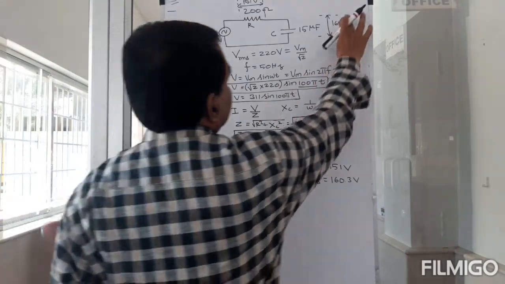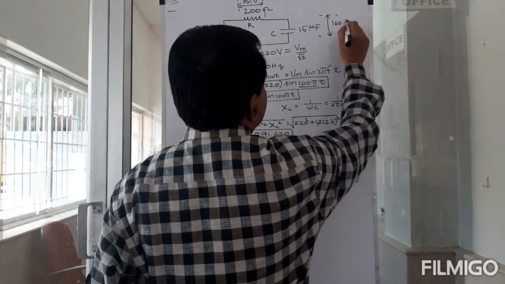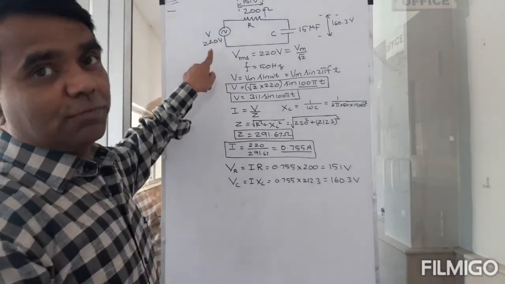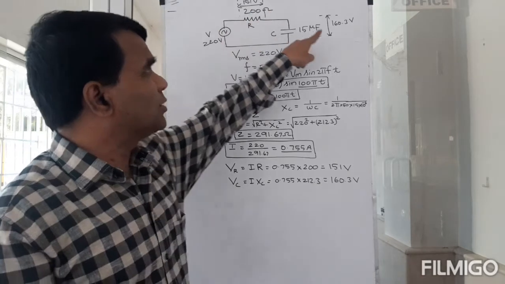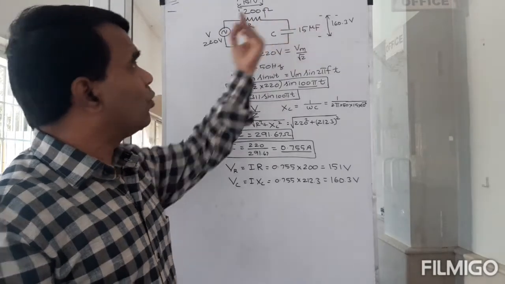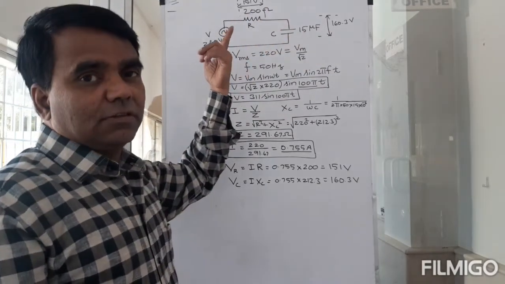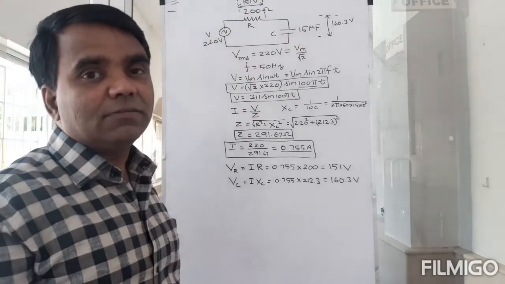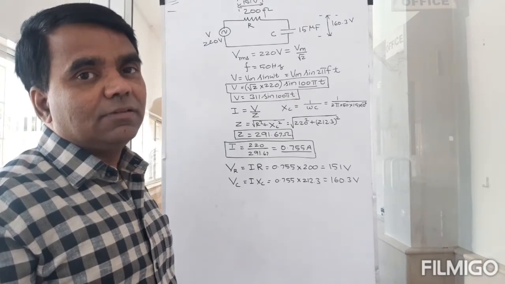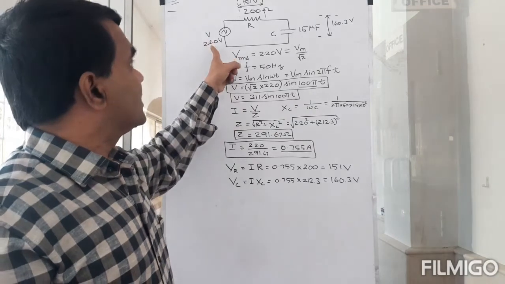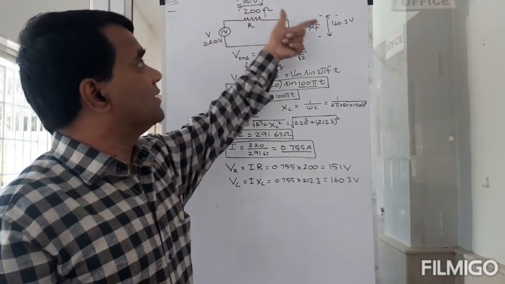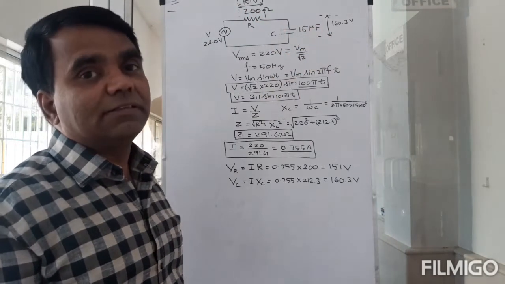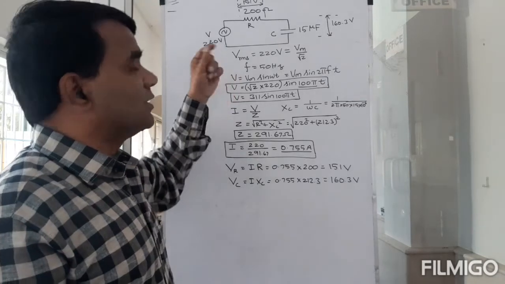You are applying 220, but 151 plus 160 is more than 220. Is Kirchhoff's law not obeyed? The applied voltage is not equal to the sum of these two. The algebraic sum is 151 plus 160, which is 311.3, while the applied voltage is 220 volts.